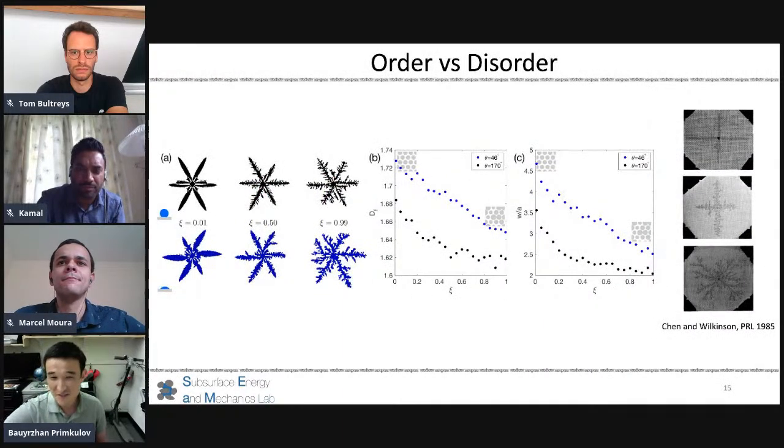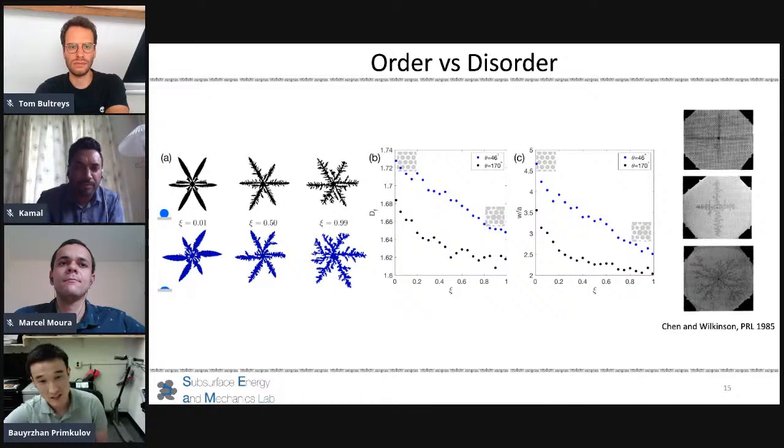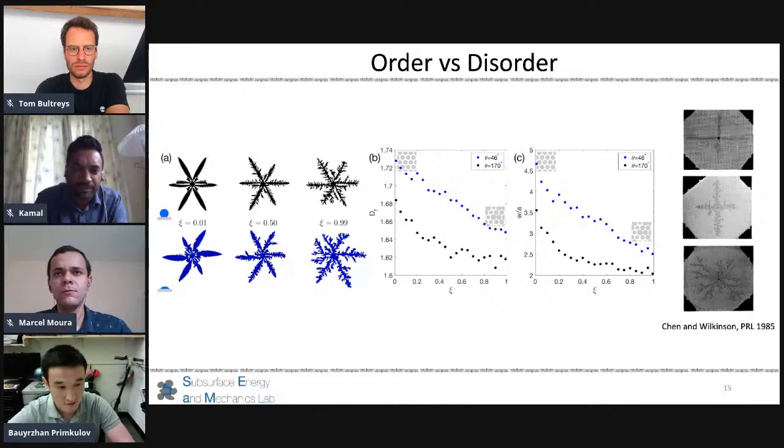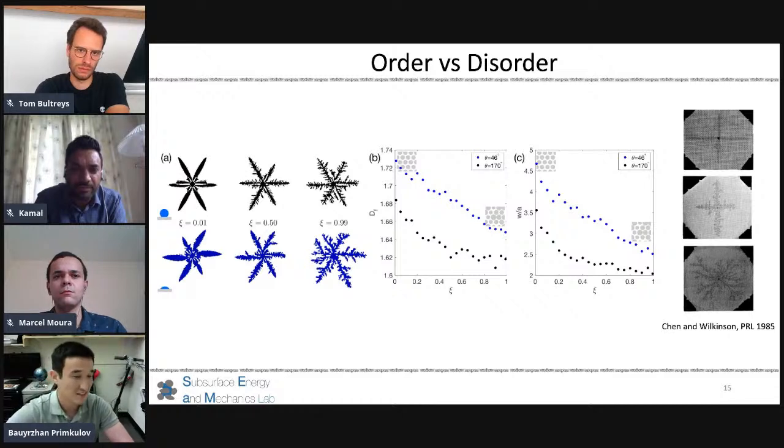Another side effect of this project is that you could look at order and disorder, so how pore-scale disorder influences the patterns that you generate. In viscous fingering, if you have a regular lattice of posts and you introduce a little bit of randomness, different degrees of randomness, you generate patterns that have, in our case, 6-fold symmetry, and then they break into something a bit less symmetric.